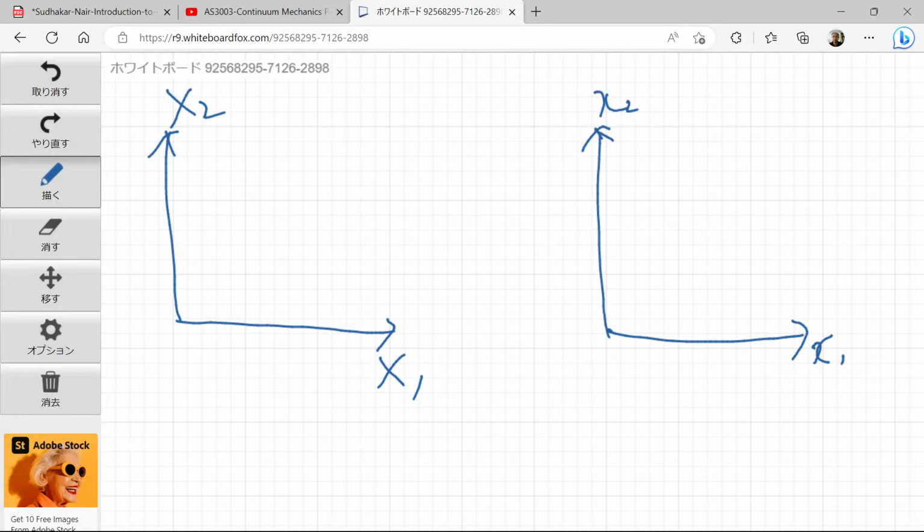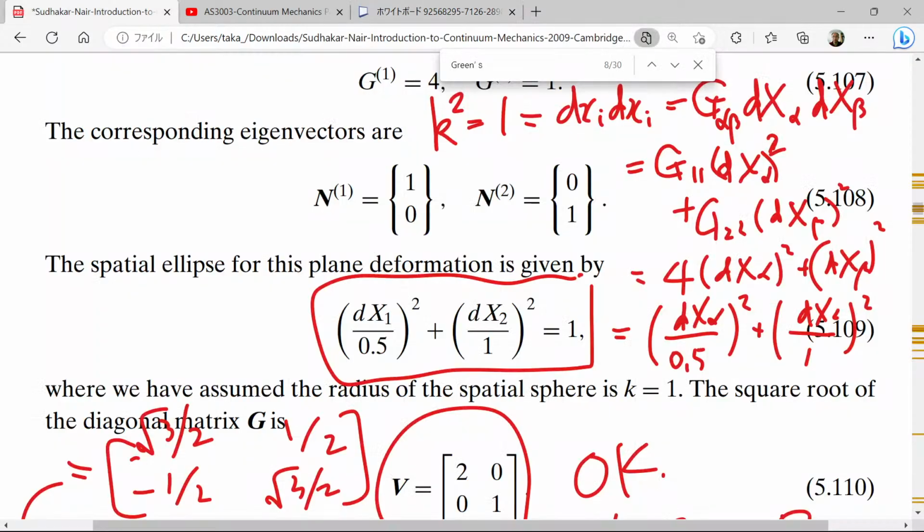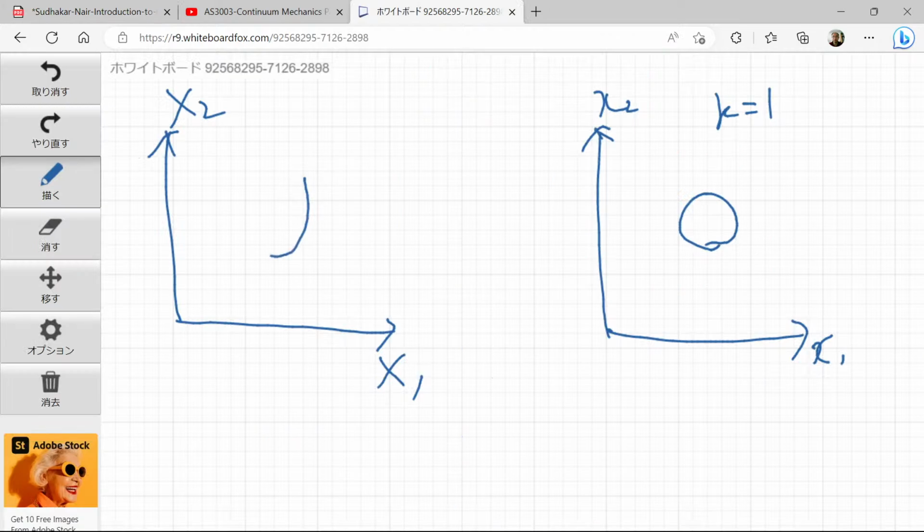So you had a sphere here, radius k equals 0, k equals 1. So then what you had is 0.51. So this is the ellipsoid, right? So this is the ellipse.